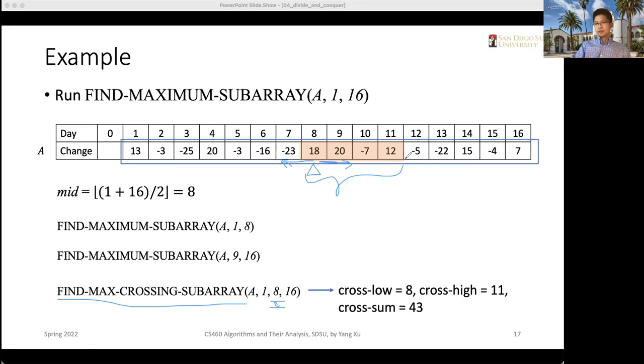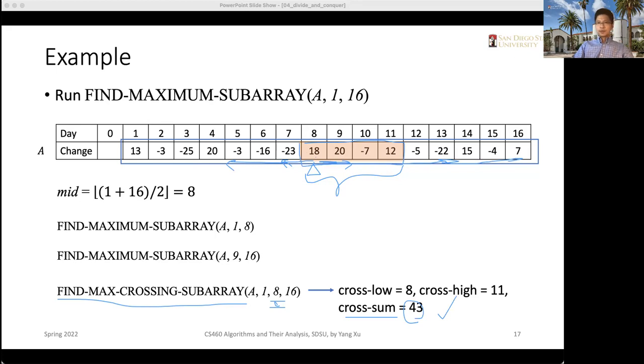We can find that easily. If we go further right, we will encounter a lot of negative numbers, so that will not bring any more profit. And if we go further left, it's also a lot of negative numbers. Okay, so the result is a correct one here. So the cross summation is 43. We can memorize this value for now.